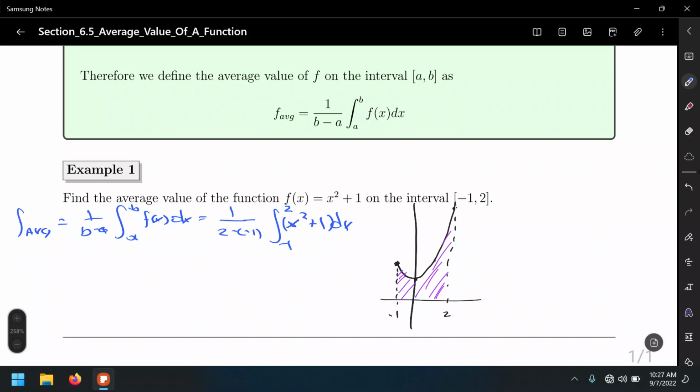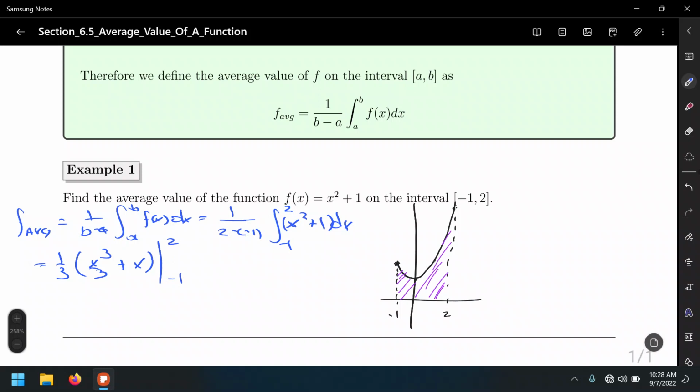This integral is very simple to integrate because it requires only the general power rule. 2 minus -1 gives us a third, and the integral of x squared is x cubed over 3, and the integral of 1 is x, evaluated from -1 to 2.